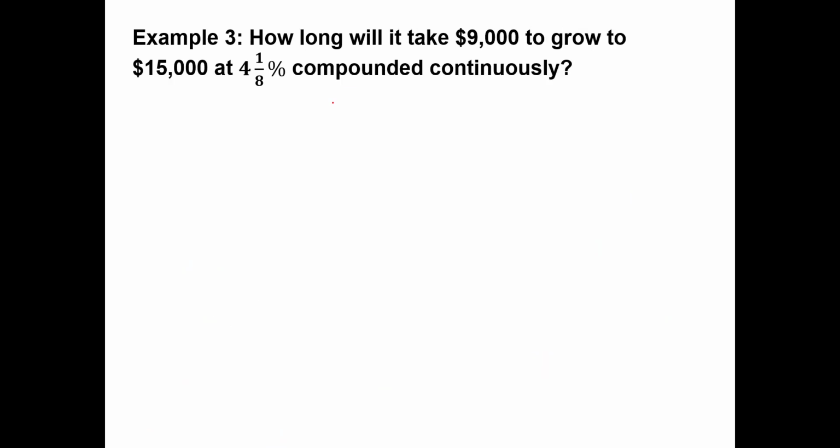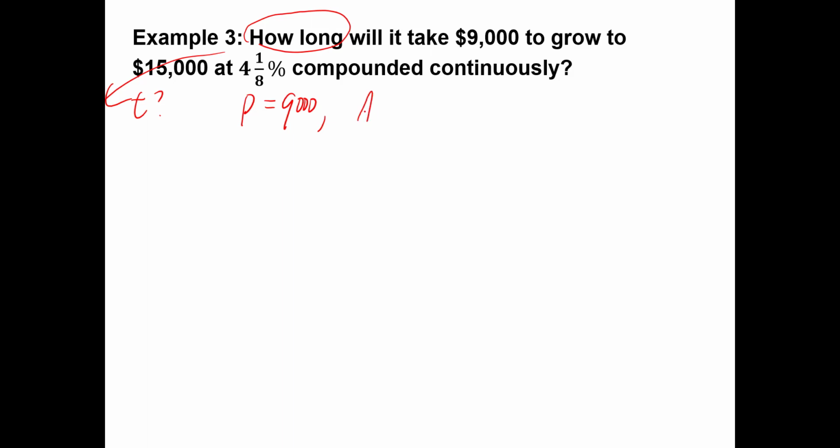Okay, and then example 3, how long will it take $9,000 to grow to $15,000 at a 4.125% compounded continuously? So now here we're looking for how long, meaning looking for time t. We know $9,000 is the principal, the initial investment.